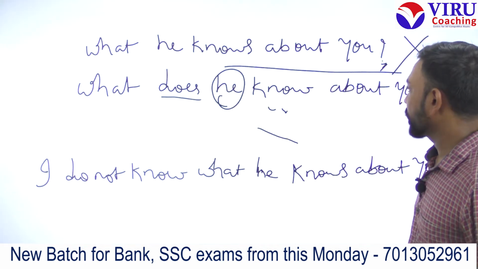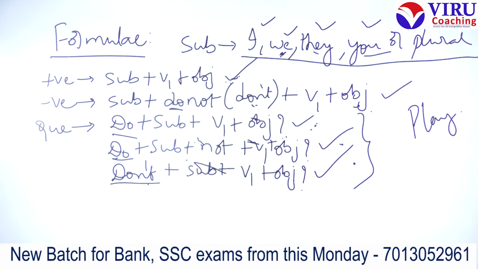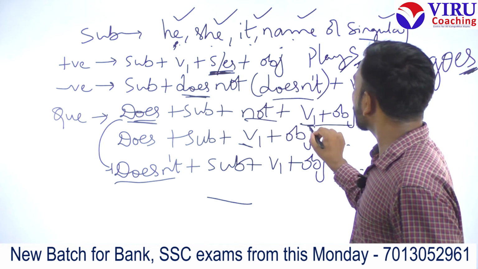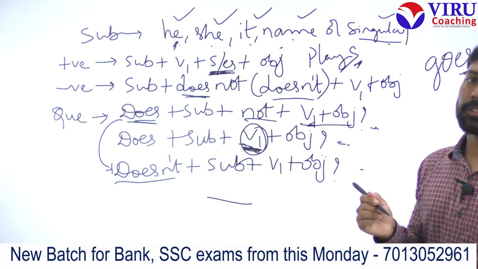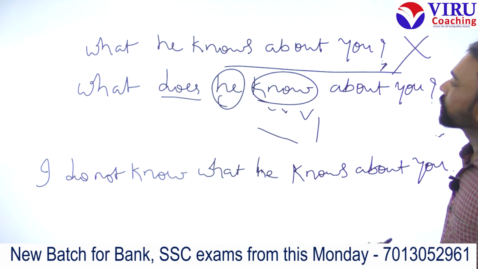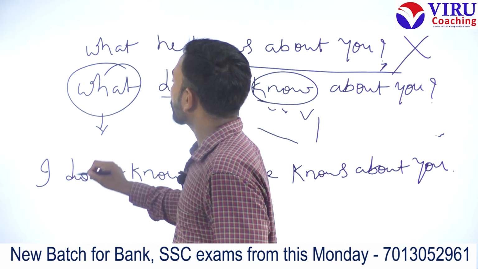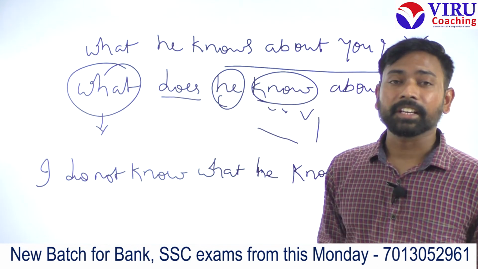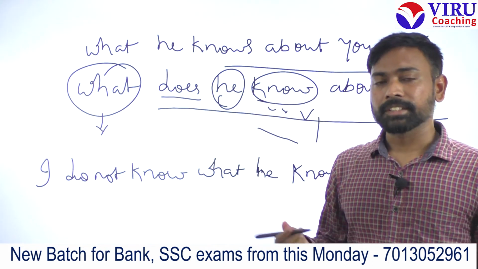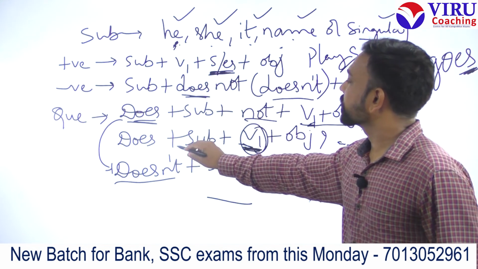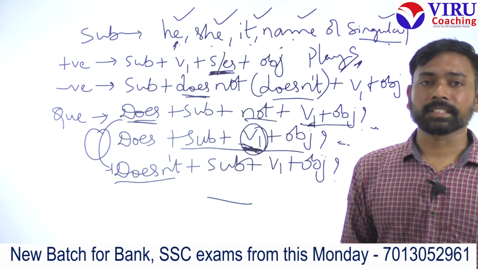The subject is he, and know is the verb, V1. So what is the form of verb here? The form of verb is V1. So what does he know about you? Here, what is nothing but an interrogative word.